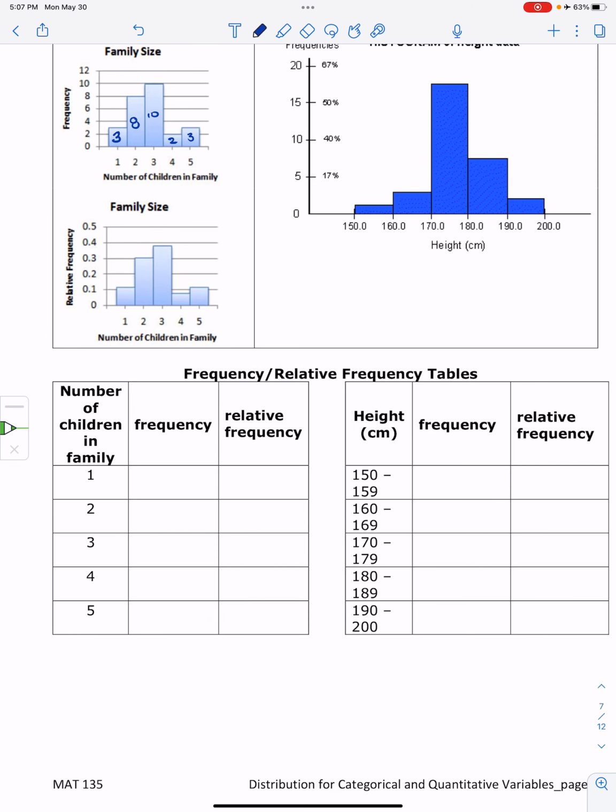So down here in my frequency column, I'm going to fill those in. 3, 8, 10, 2, 3. Should have included a total down here. Not 22. See, I can't talk and write at the same time in case you were wondering why I got silent when I was filling things in. I got 26?